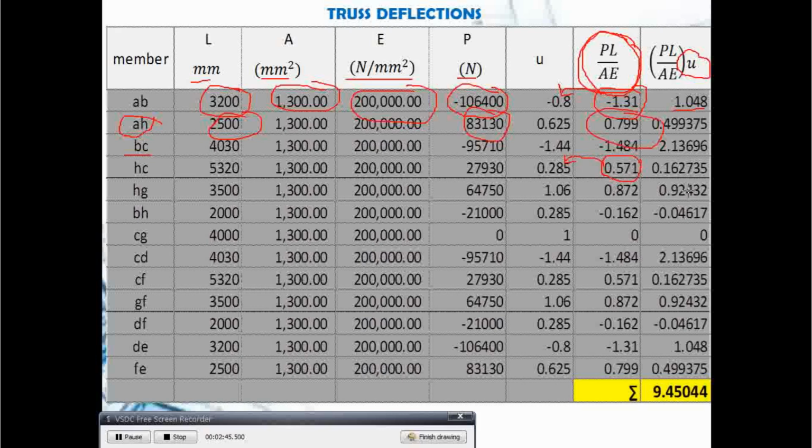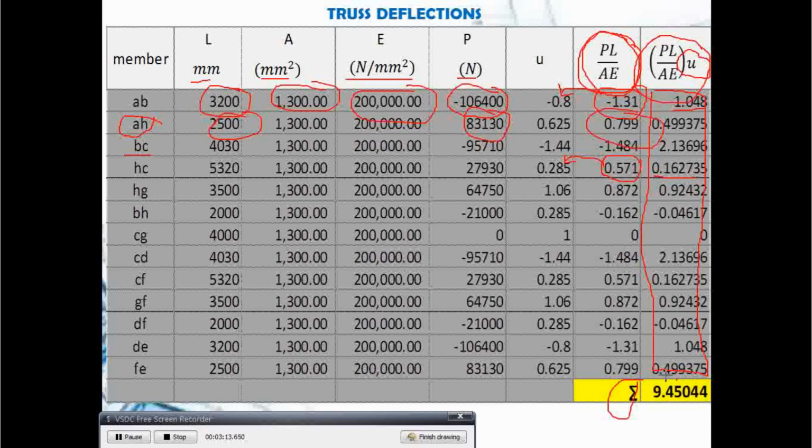My answer is 0.162735. After na nakuha nyo yung product ni PL over AE times U, you have now to take the summation from AB hanggang kay FE. Now, if we take the summation of this PL over AE times U, my answer is positive 9.45044.